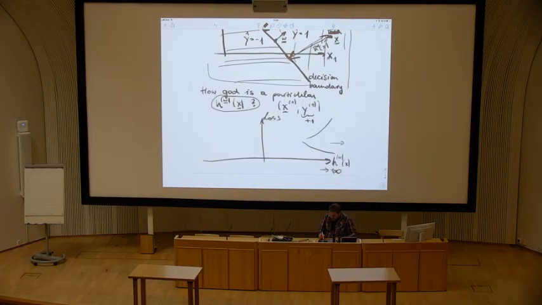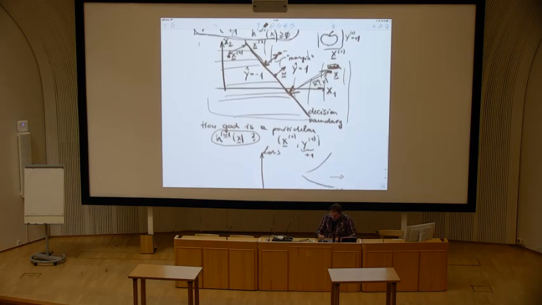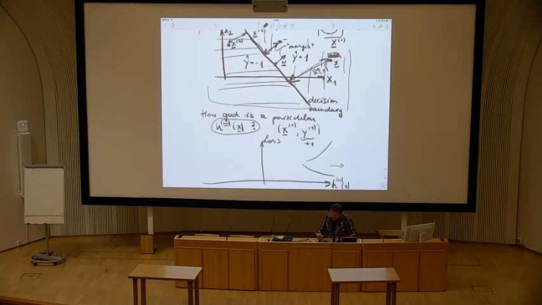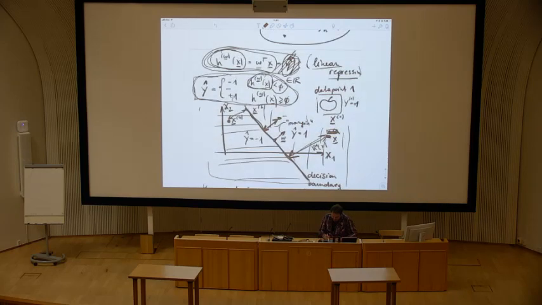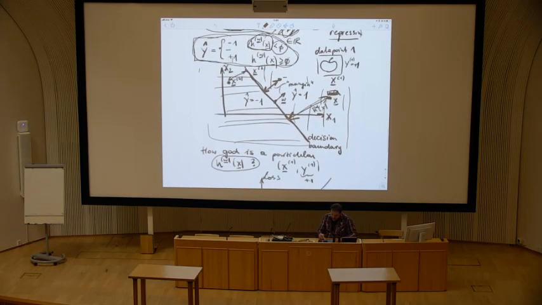So for large values, we are on the right side. The sign of the predictor tells you on which side you are. So here the sign is positive, HW(x) is larger than 0. On this side, the predictor is negative.